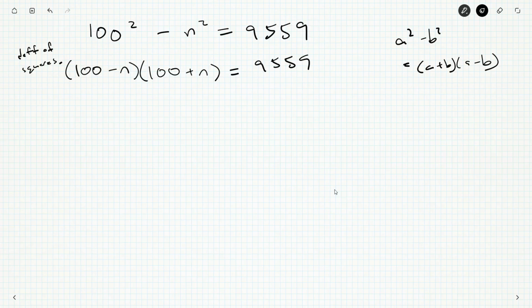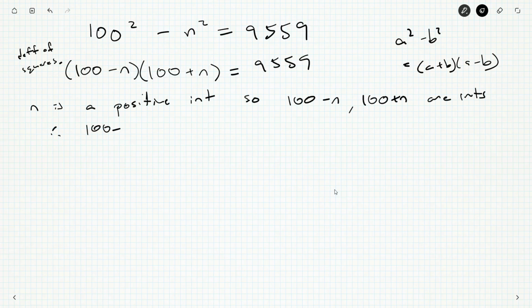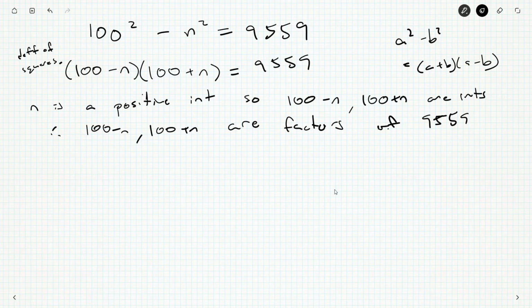Okay, but n is a positive integer. So 100 minus n and 100 plus n are integers, and therefore they are factors of 9,559.